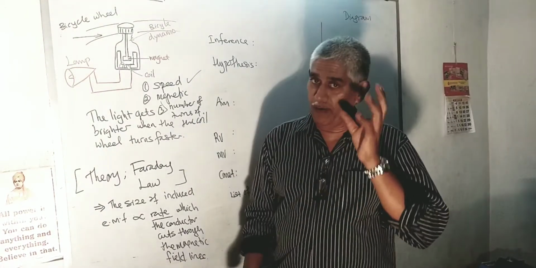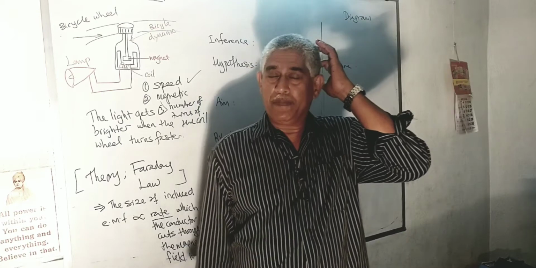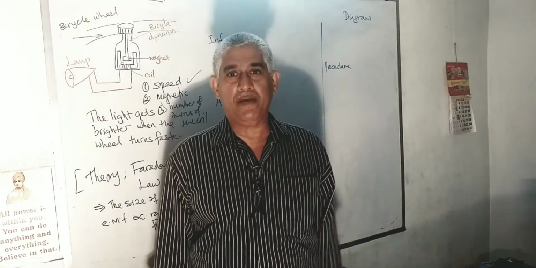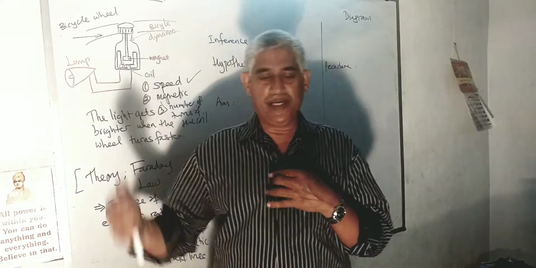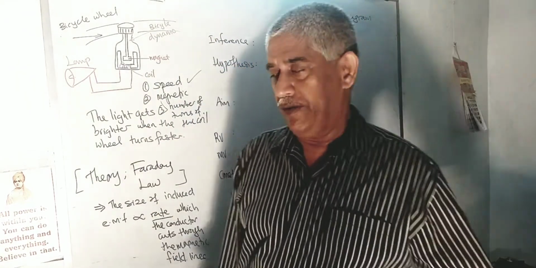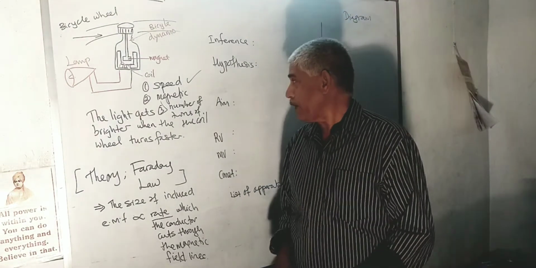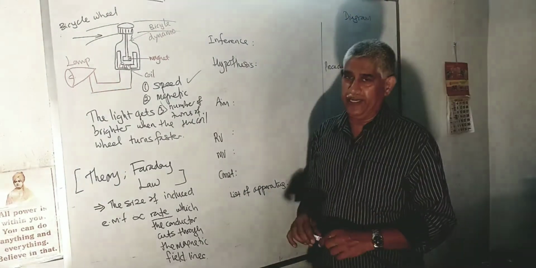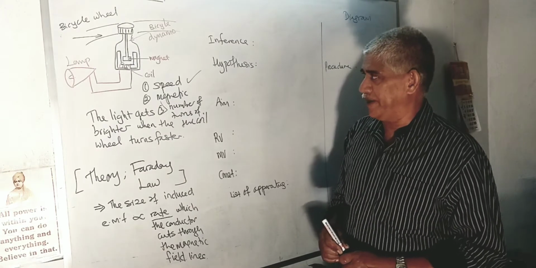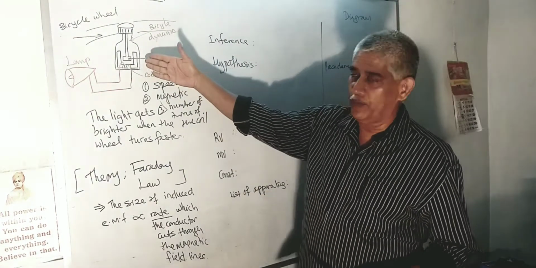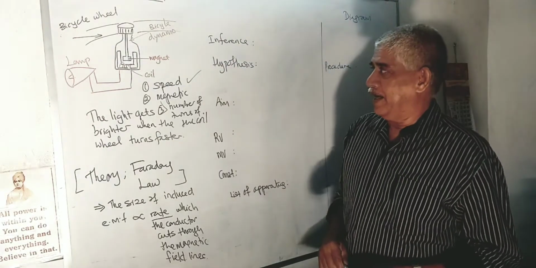So the theory, you must always remember, any paper 3 question they ask is usually based on some theory, some basic idea or knowledge that you need to know on the concepts they were referring to. First, what you are going to say is the inference. We make the inference based on what you observe through the situation given.